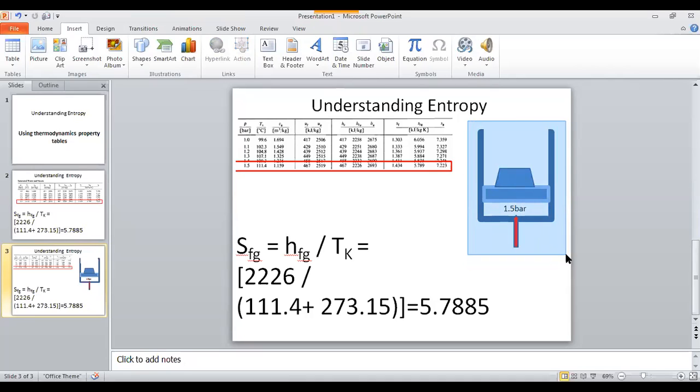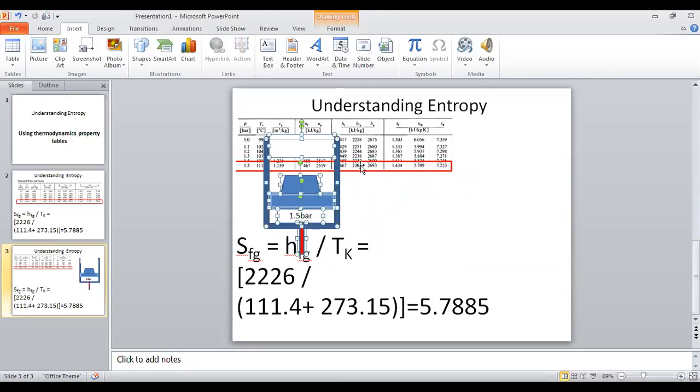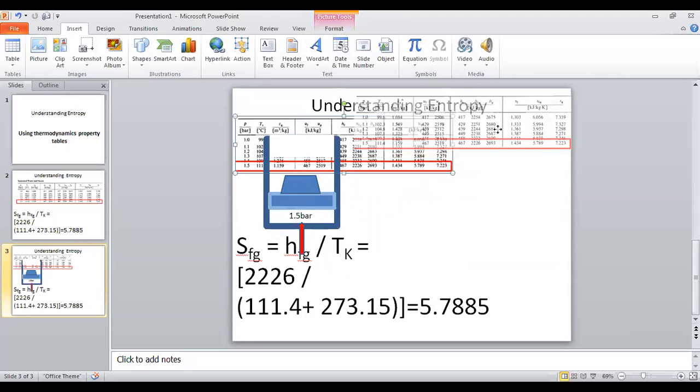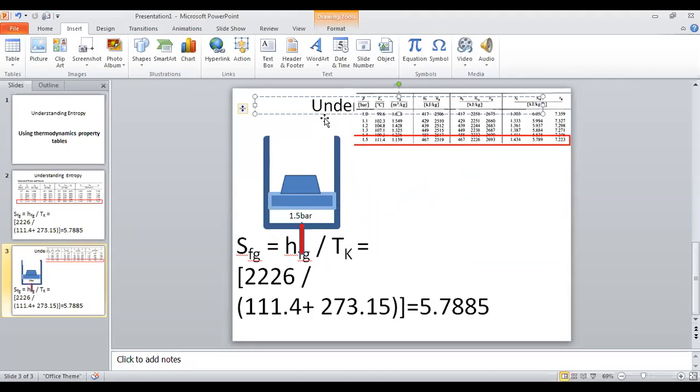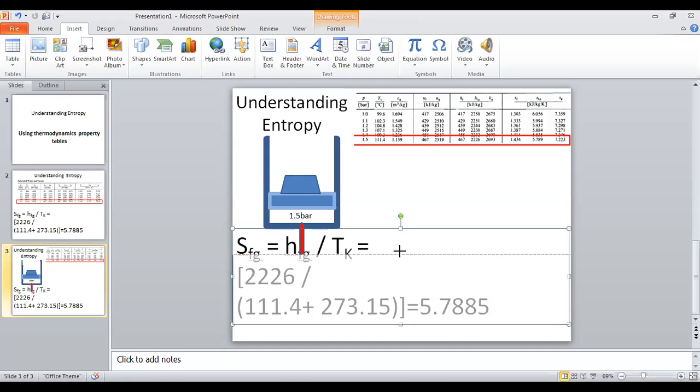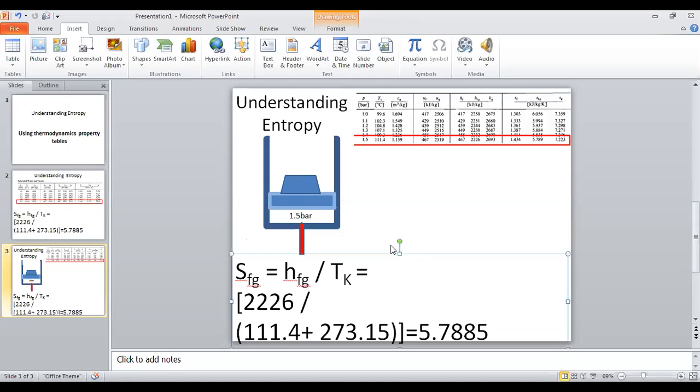Then what happens is slowly, let's say I will put it here. So this is the initial. You just started heating up.